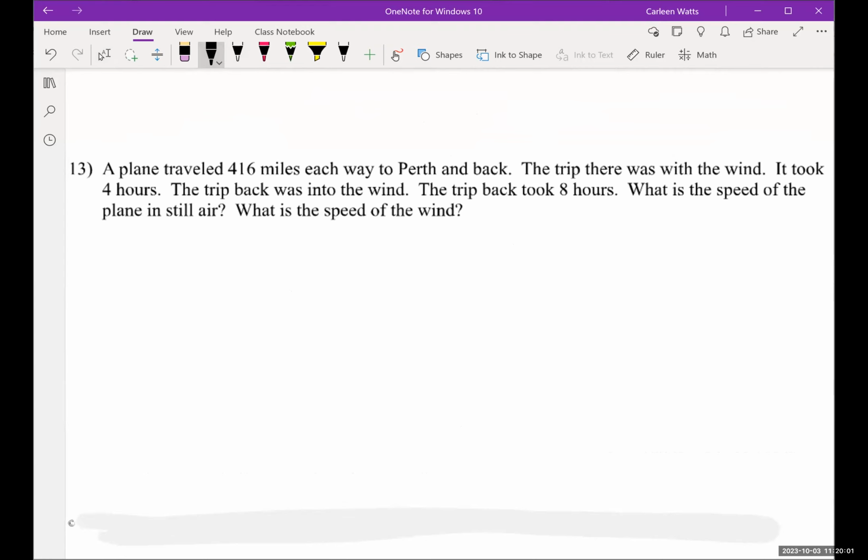Not as friendly, but if you've been with me for a while, you're going to notice when in doubt, make a box. In fact, I was teaching this one group, it was kind of towards the end of the year. They're like, so Miss Watts, basically you make a box for everything. Yep.